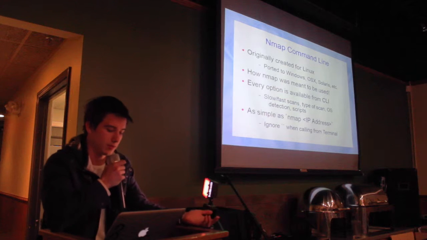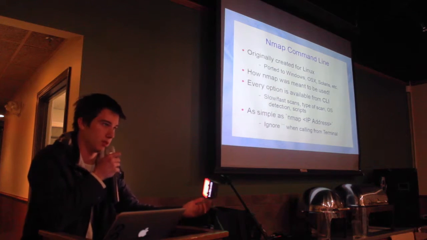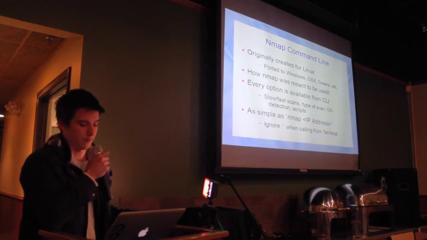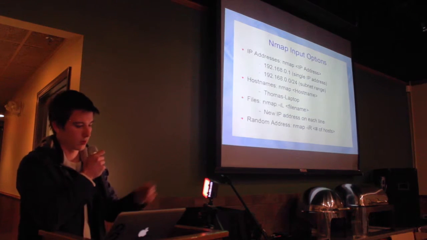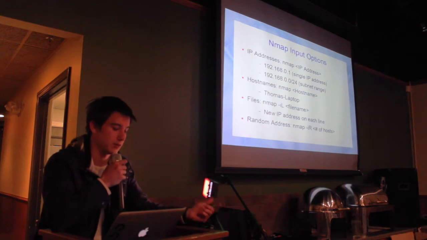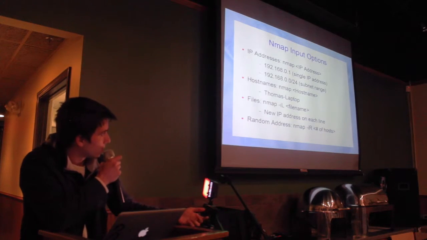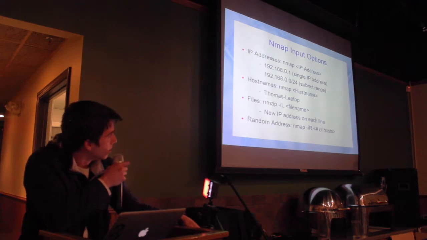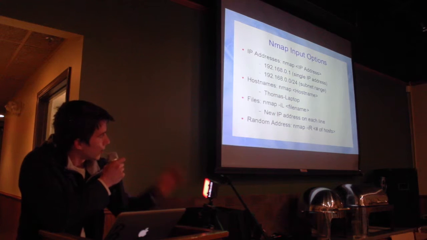Like I said before, using Nmap is as simple as Nmap and then an address, a host name, or an IP range. For input, you can do a single IP address, like 192 blah blah 1, and all that info is up there.